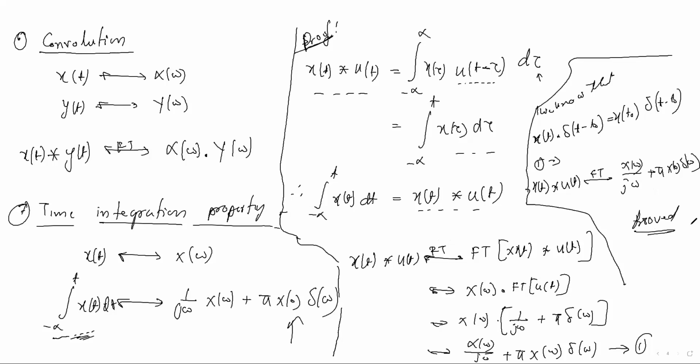We have to use different concepts to prove this property: the convolution property as well as the impulse signal property. Then only can you prove it. Have you understood? Any doubt?